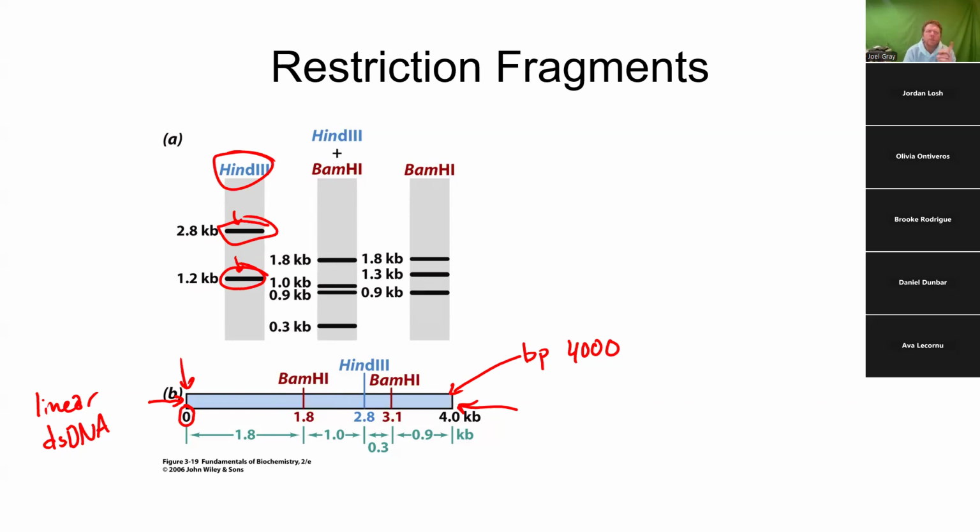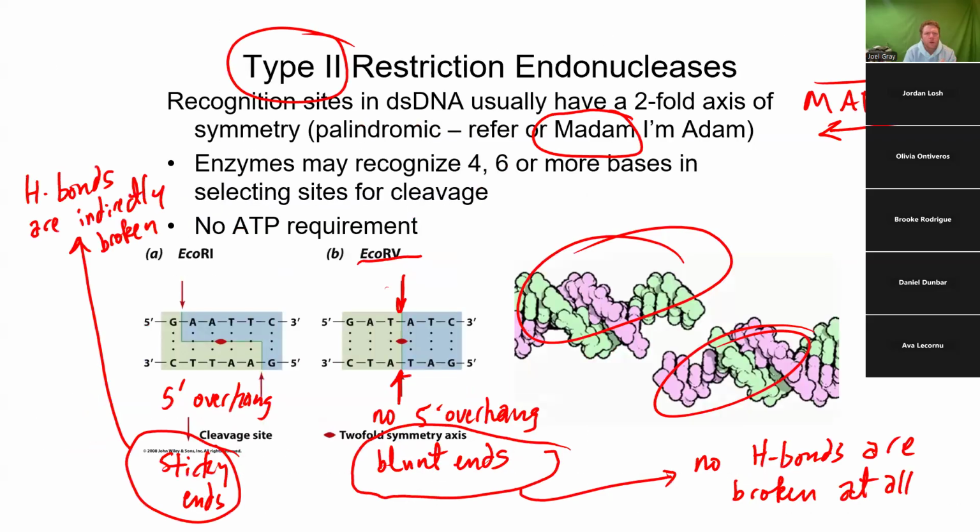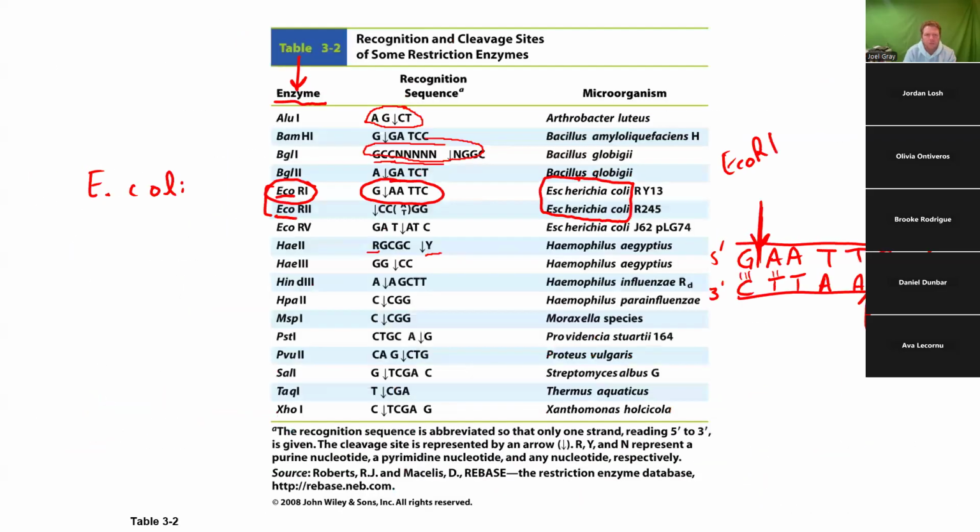Well, 2.8 plus 1.2, that adds up to 4. Good. That's 4,000. Now, HindIII, do we know the recognition sequence that HindIII has? Well, if we look back at this table, we can see that HindIII cuts AAGCTT. Does everyone follow that and agree with that?